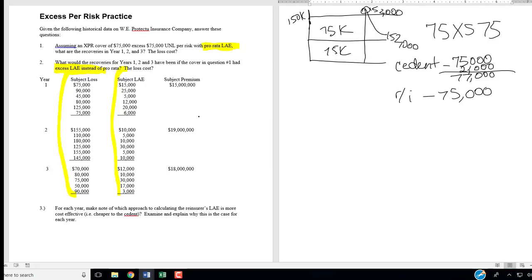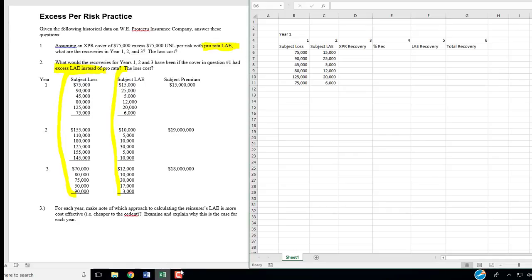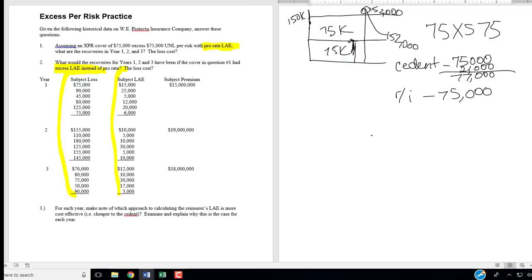Let me go back to our chart. It's a $75,000 loss, so it goes right up to the treaty, but it doesn't actually trigger the treaty. So for our first loss, the recovery is 0. For the second loss, which is a $90,000 loss, the recovery is going to be 90,000 minus 75,000, or 15,000.